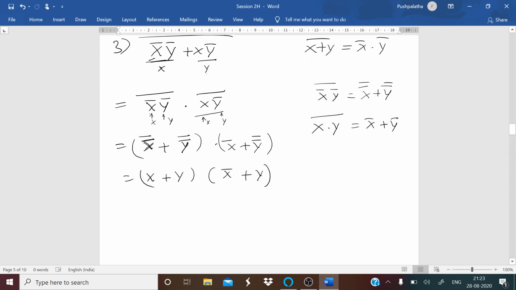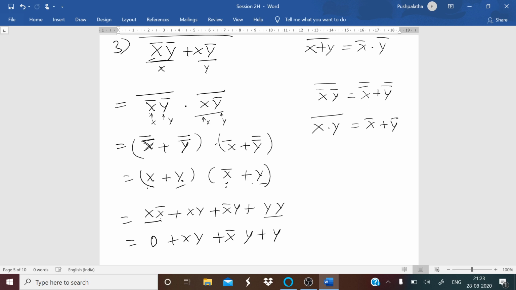Now simplify. That is, remove the brackets. X into x bar plus x into y plus x bar into y plus y into y. So as we know, due to the complementary law, x into x bar is 0 plus xy plus x bar y plus y into y is y.